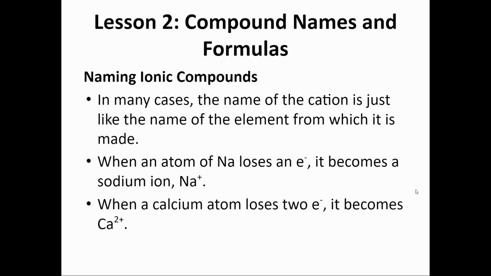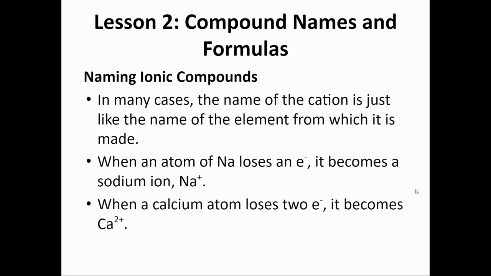So, naming ionic compounds. In many cases, the name of the cation is just like the name of the element from which it is made. So when an atom of sodium, which is Na, loses an electron, it becomes a sodium ion, or Na+. Now remember, the plus charge comes from the number of protons in comparison to the number of electrons. On the periodic table, the atomic number tells us the number of protons and the number of electrons.